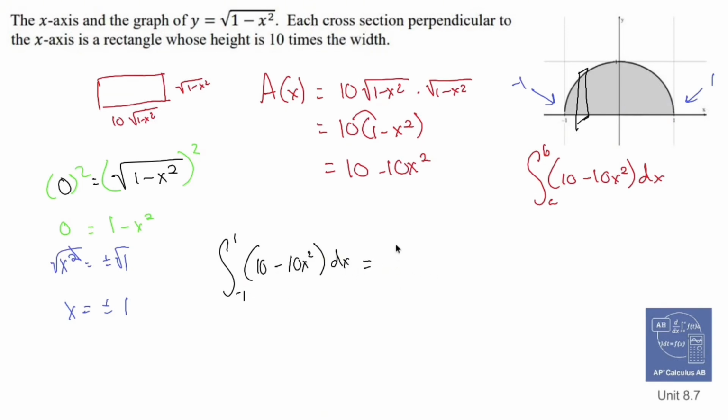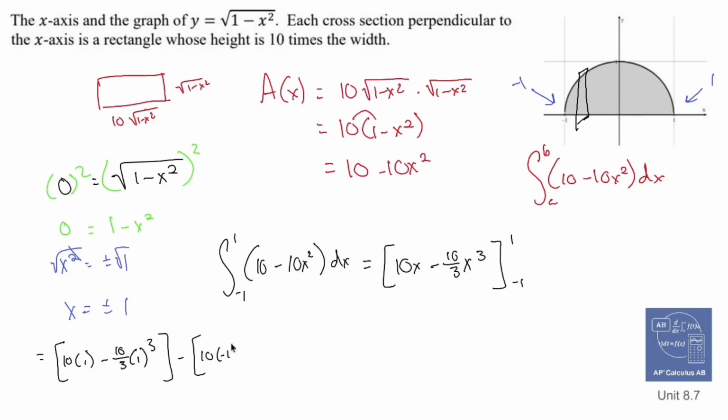Okay, the integral of 10 is 10x. The integral of negative 10x squared is negative 10 thirds x cubed. And my limits are negative 1 and 1. I'm expecting a lot of repeats going on here. We got 10 times 1 minus 10 thirds times 1 cubed, close it, minus 10 times negative 1 minus 10 thirds times negative 1 cubed, close it.